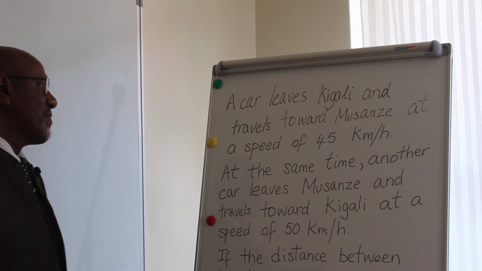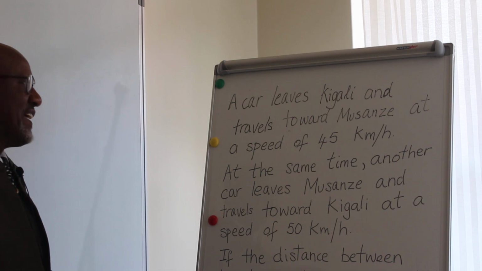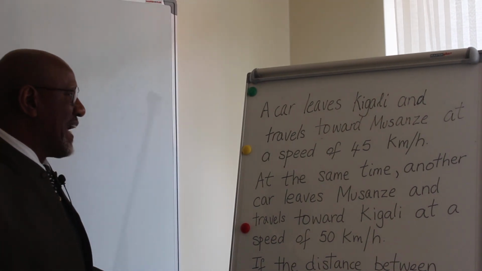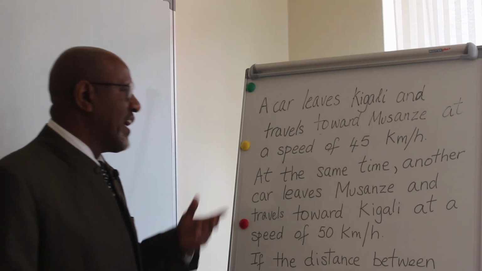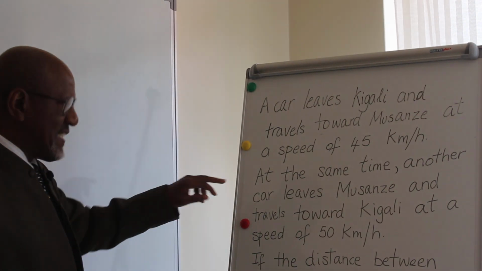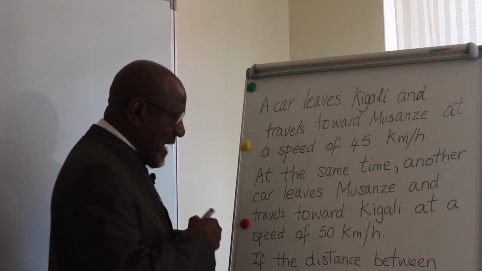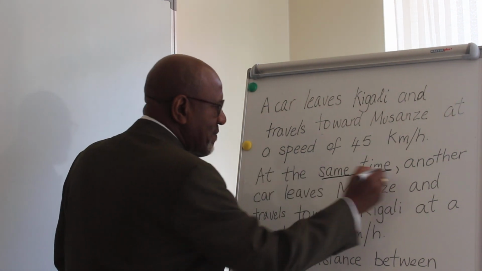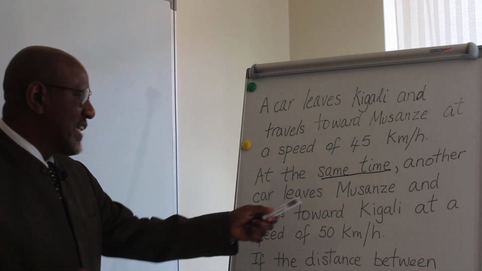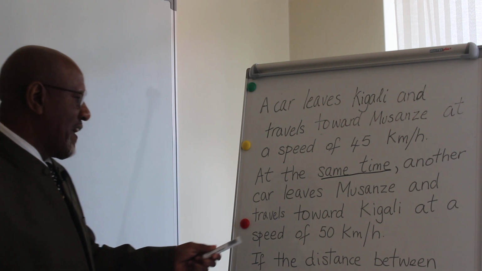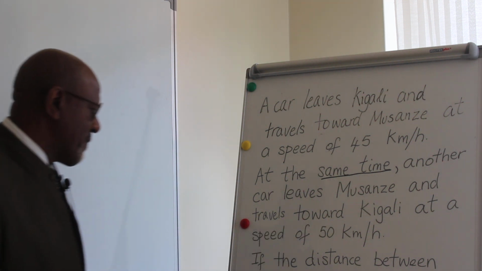It says, a car leaves Kigali and travels towards Musanze at a speed of 45 kilometers per hour. At the same time, and that's important, at the same time, another car leaves Musanze and travels towards Kigali at a speed of 50 kilometers per hour.